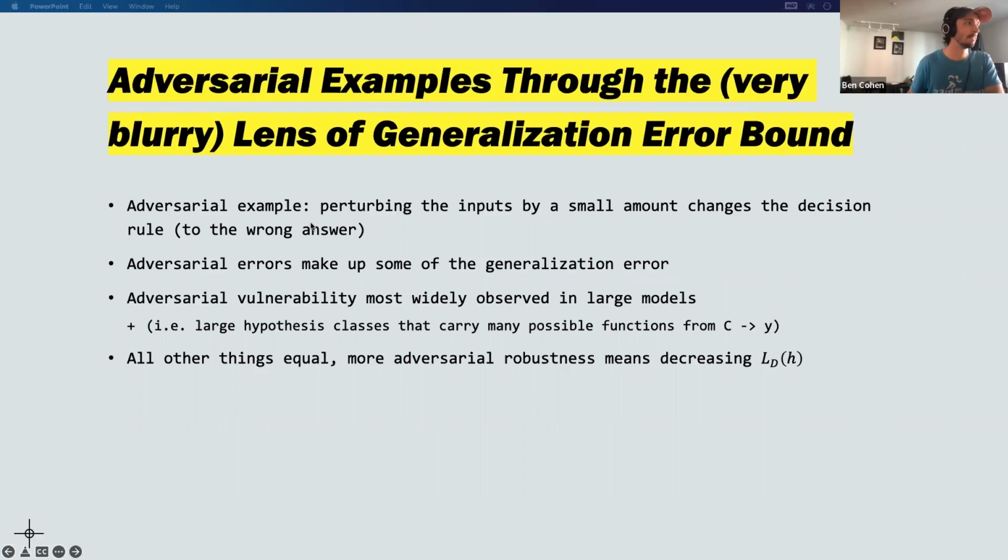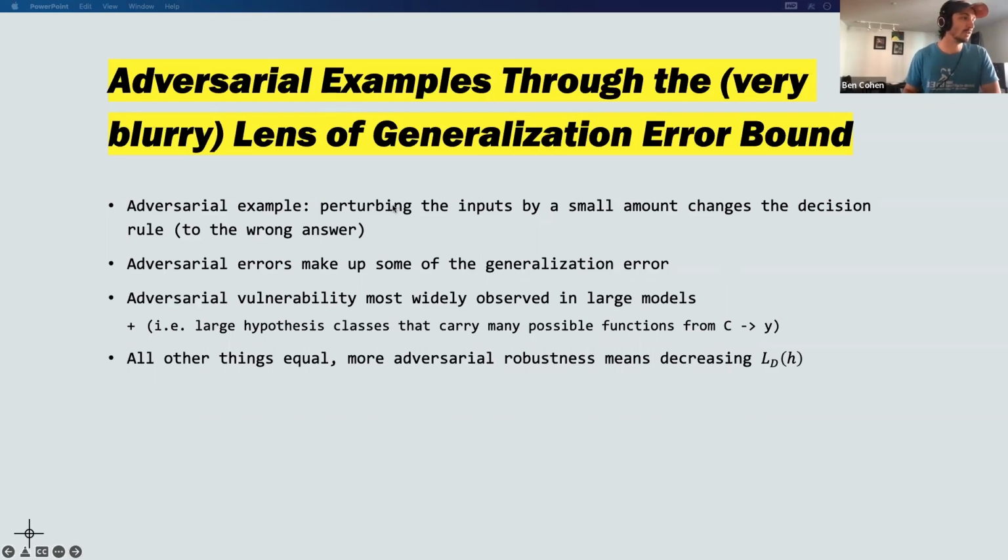But roughly, the definition of an adversarial example means I can apply a small perturbation. For example, the norm of the noise that I add has to be small. I perturb the inputs X by a small amount, and it changes the decision rule. So basically the label that the model spits out, in binary classification 0, 1, but in multi-class cases, it just flips it to the wrong answer.